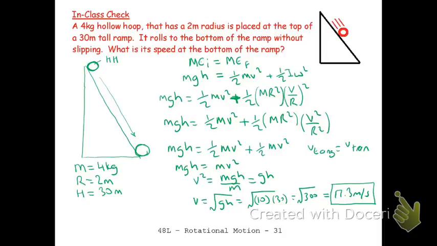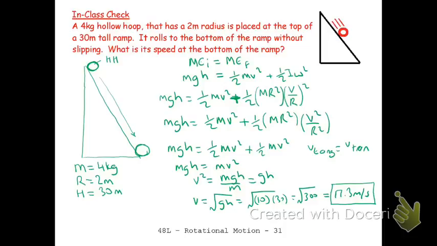The actual slope doesn't matter. If you had this rolling down a wall, you'd get the same answer. If you had it falling, you wouldn't get the same answer, because there, all the potential energy goes into translational kinetic energy.